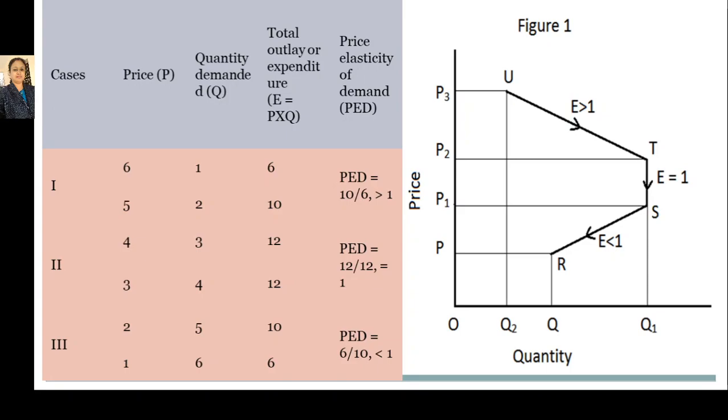So when price falls, total expenditure also falls, then it is a situation of less than unitary elastic demand, which we can see in the figure.